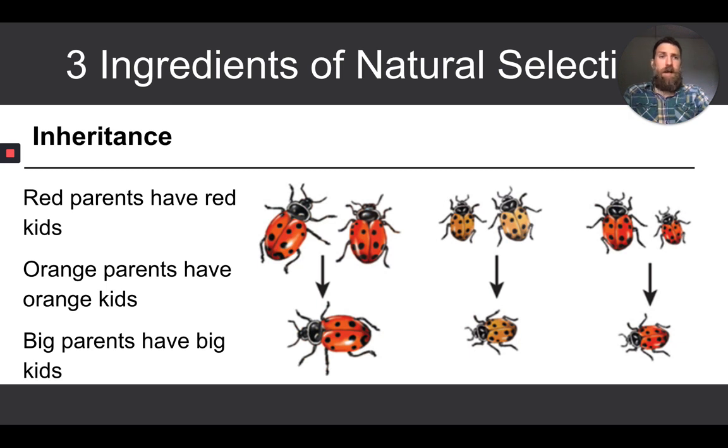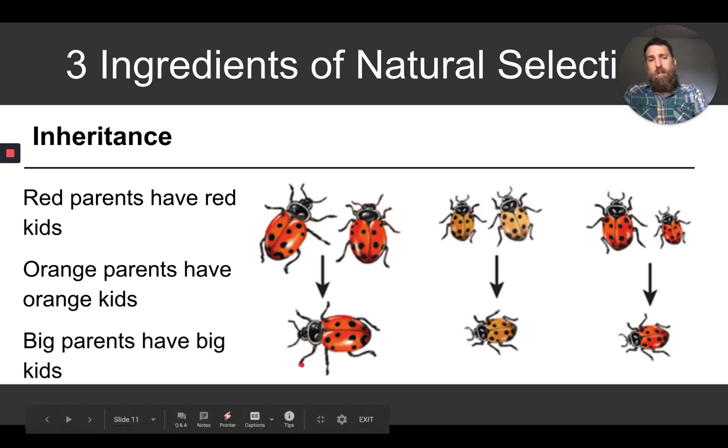We can see by observing that the red ladybugs have red offspring. Orange ladybugs have orange kids. Big parents tend to have big kids, and so on. So parents pass on their traits to the next generation.